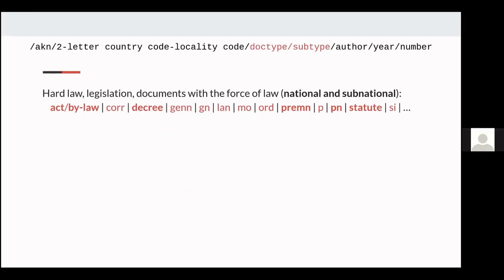And then a year or two later, we encountered Premier's notice for the first time. So we couldn't use PN, so we used a slightly different abbreviation. So this is all just to say, a slight word of warning against abbreviating. It might, at the end of the day, be worth just spelling out all the subtypes. So for bylaw, decree, and statute, we don't abbreviate those in any case because they don't have a commonly known abbreviated form.